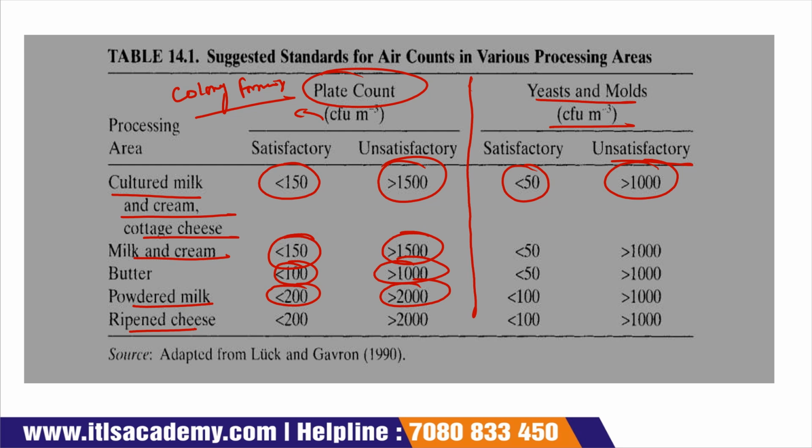Ripe cheese, if it is less than 200, then it is satisfactory, and more than 2000, then it is unsatisfactory. Now ripe cheese in case of yeast and mold count, if the colony forming unit is less than 100, then it is satisfactory, and if it is more than 1000, then it is unsatisfactory. So these are the standards for the air count in various processing industries for a plate count along with yeast and mold.